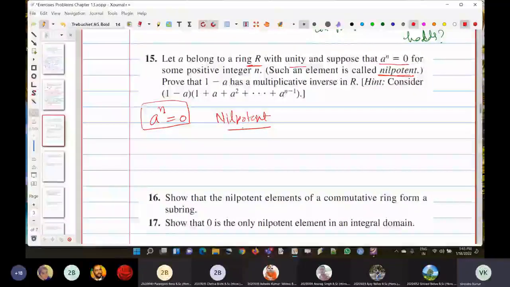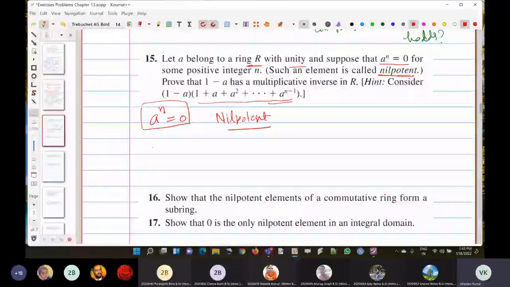So if an element becomes nilpotent, then it is easy to find the multiplicative inverse. So we have some formula. Of course, you can use this trick. If 1 minus a is there, then you can take the product of 1 minus a with this, and multiply them. You will finally get 1.